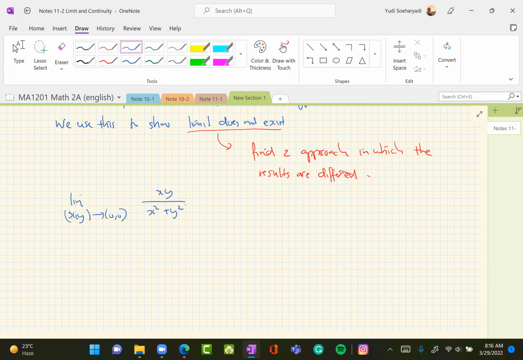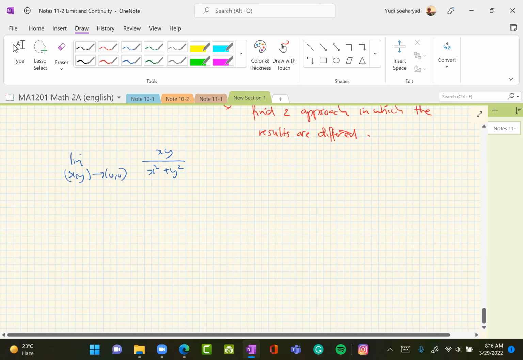So we're looking for directions which give you a different result. Through lines y equals kx, where k is the slope. So you approach along this one, and then this gives you this.